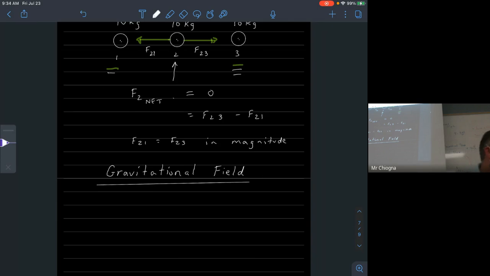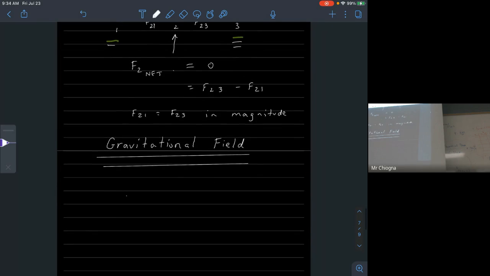Gravitational field. It's related to what we just did. Okay. So this refers to, let's say, Earth.